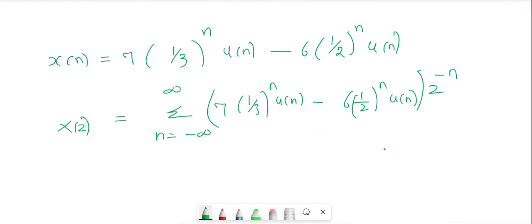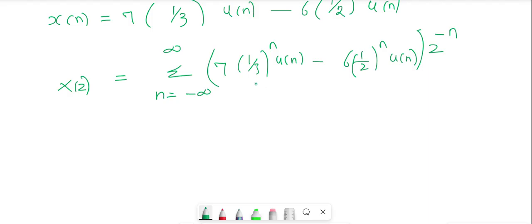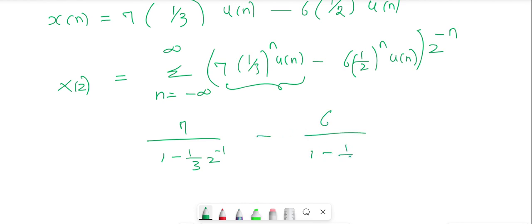So X of z of this function will be 7 by 1 minus 1 by 3 z inverse minus 6 by 1 minus 1 by 2 z inverse.